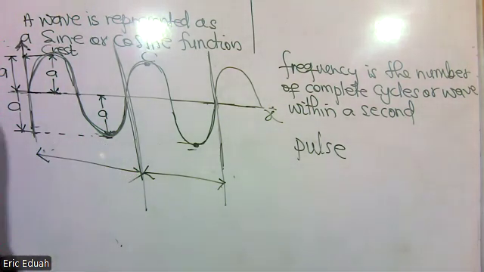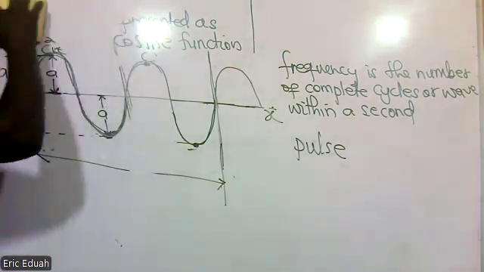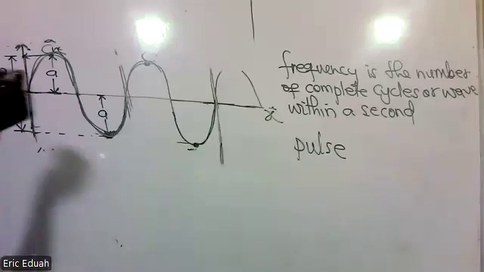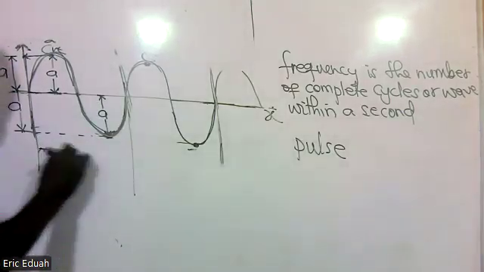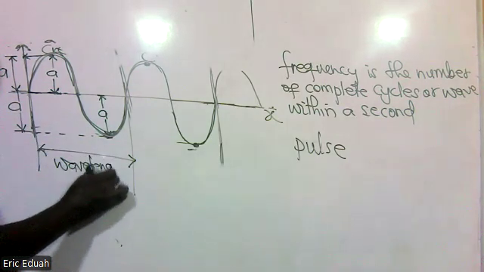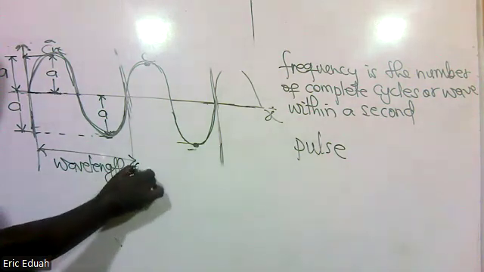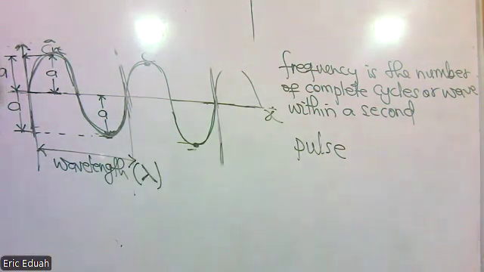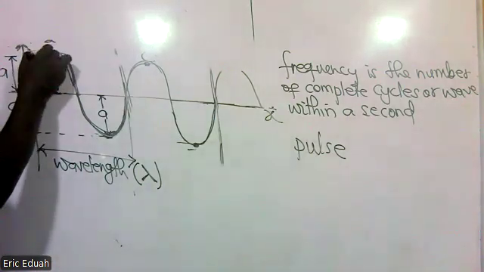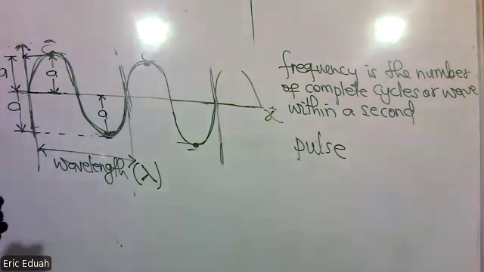Another way of identifying a complete wave is that the length of a complete wave is actually termed as wavelength. The length of a wave is known as wavelength, represented by the symbol lambda, the Greek letter lambda. Another complete wave can be determined by the distance between successive crests and troughs.